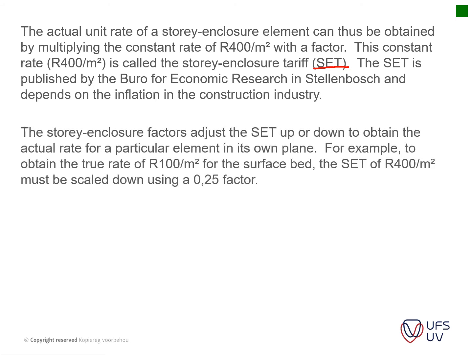The story enclosure factors adjust the tariff up or down to obtain the actual rate for the particular element in its own plane. For example, to obtain the true rate of 100 Rand per square meter for the surface bed, a factor of 0.25 is multiplied with the tariff, which was given as 400 Rand per square meter.